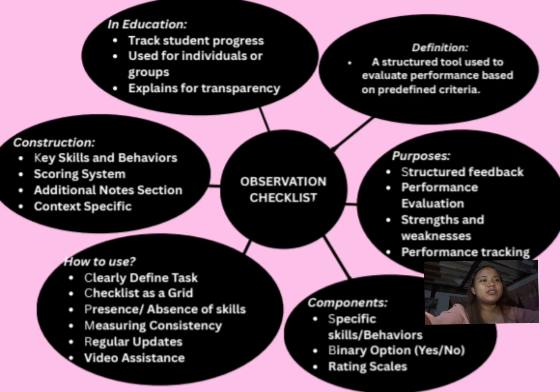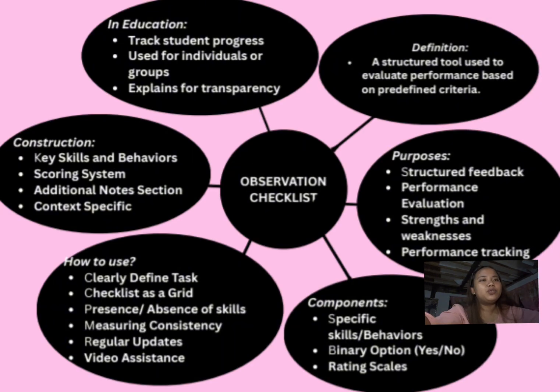Next, measuring consistency, which implies using frequency scales or repeated observations. Next, regular updates highlights the need to keep the checklist relevant. And the last one is video assistance, which suggests using video recordings for more detailed analysis.